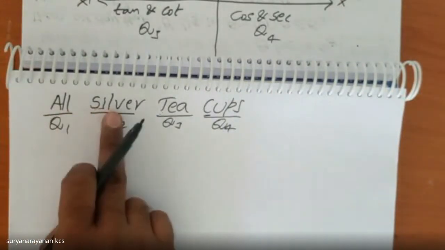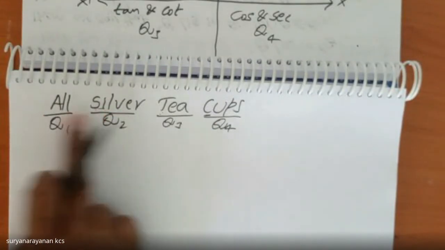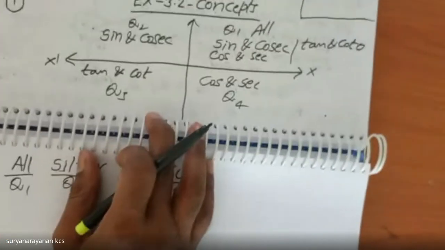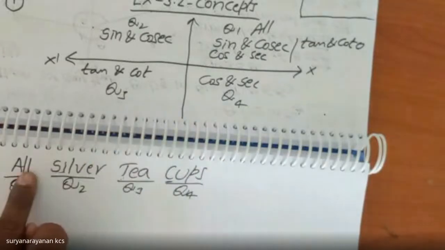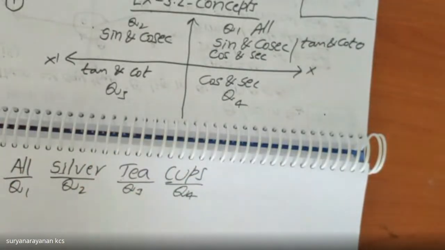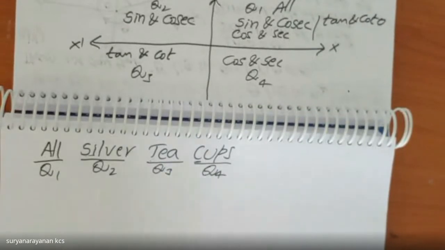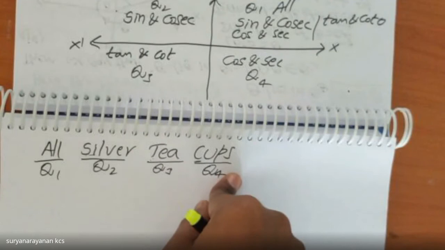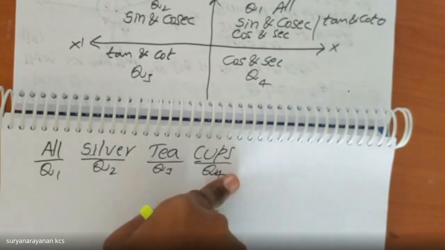So by memorizing this sentence, we can easily find out in which quadrant which trigonometric ratios are positive. All silver teacups. Okay, my children. All silver teacups. This sentence helps us in finding the trigonometric functions which are positive.